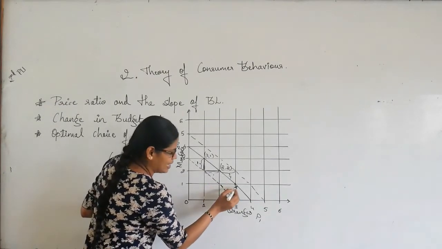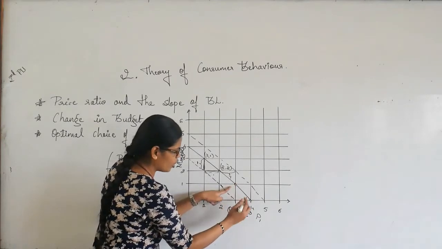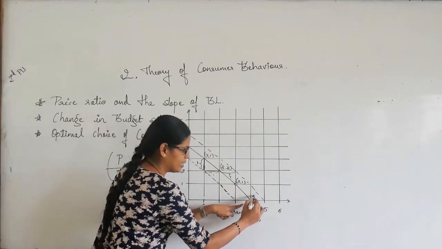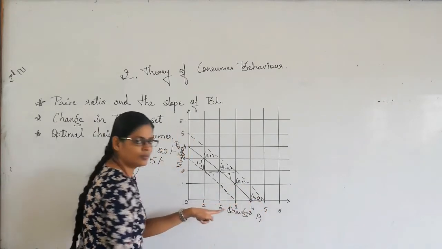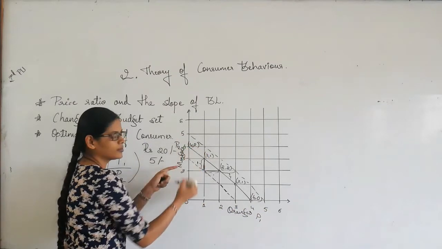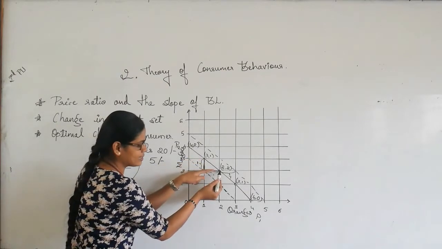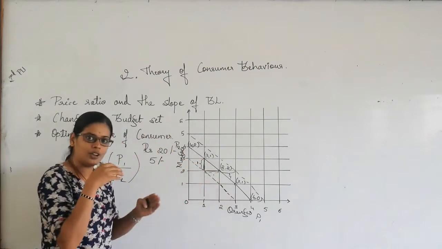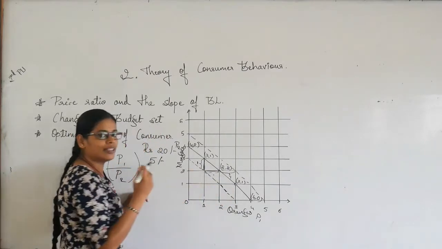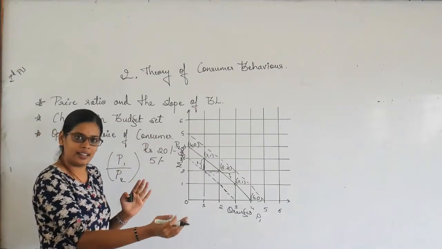As you go on like this, here also you can see the combination. He is getting 3 oranges for 1 mango. Here he is getting 4 oranges for no mango, and here he has 4 mangoes with no oranges. However you go down the line, there will be the sacrifice of 1 unit of one product to get another unit.